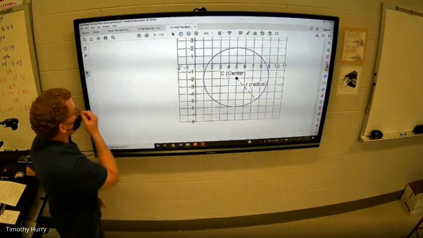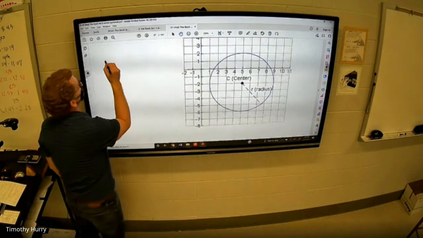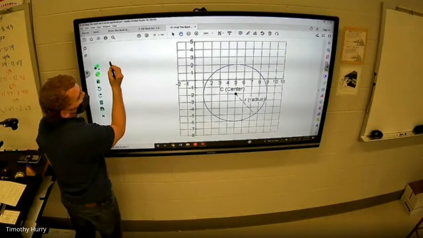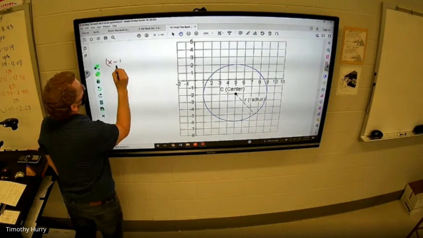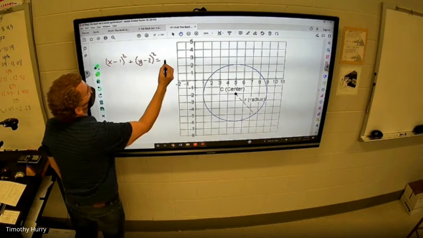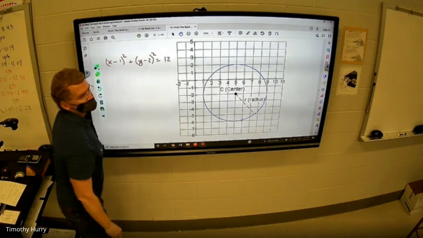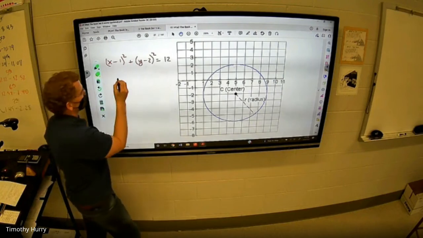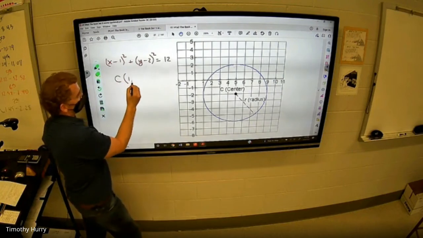Oh, one last thing. What if I gave you something like, and I always say one last thing like at least 6 or 7 times a day, but like right here, what if I had given you x minus 1 squared plus y minus 2 squared equals 12? Now, what's my vertex? I'm sorry, what is my center? 1, 2, right?